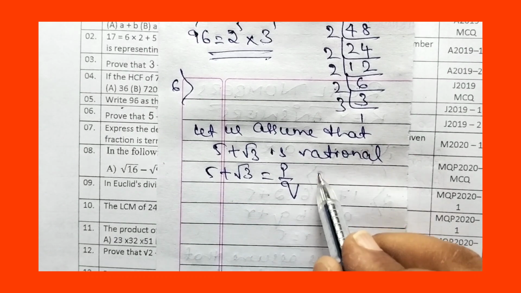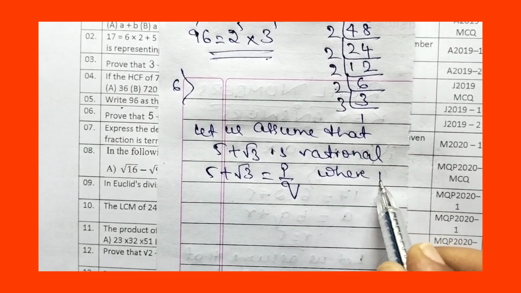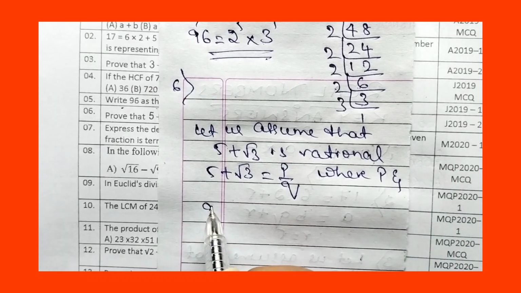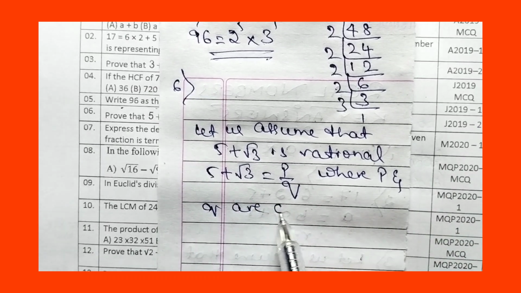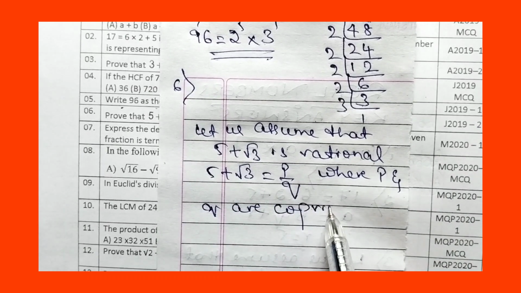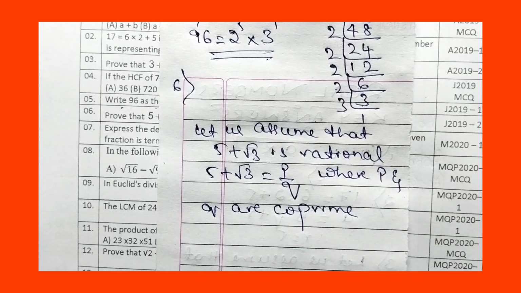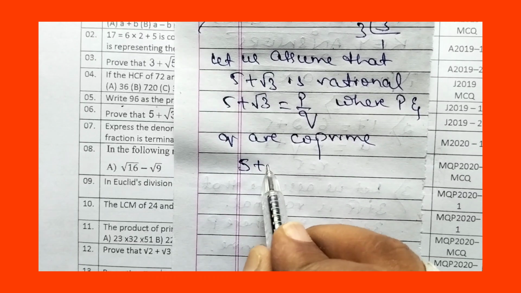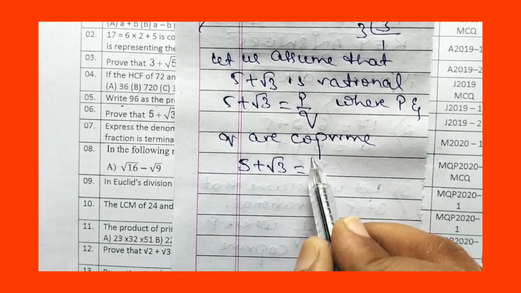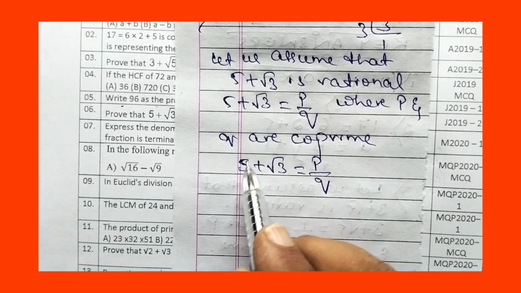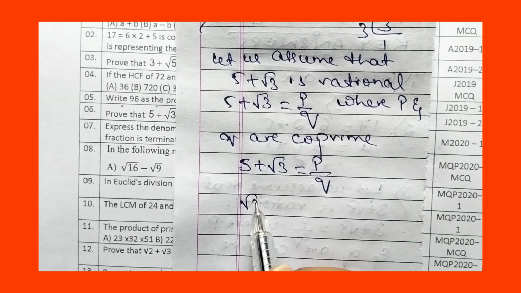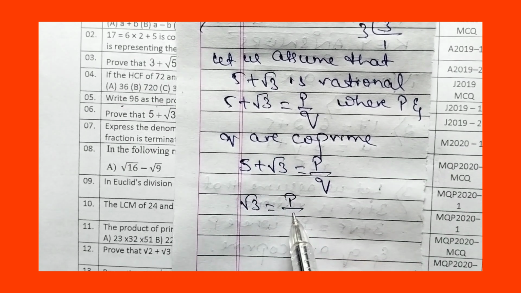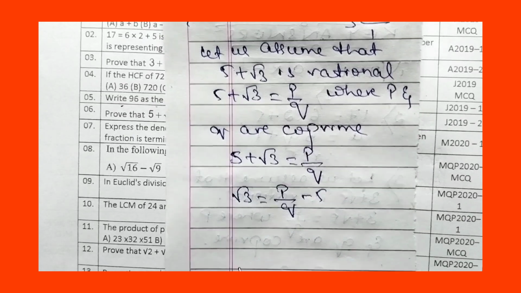Where P and Q are co-prime. Next sentence, in the next line: 5 plus root 3 is equal to P by Q. Shifting this 5 to this side, root 3 is equal to P by Q minus 5.